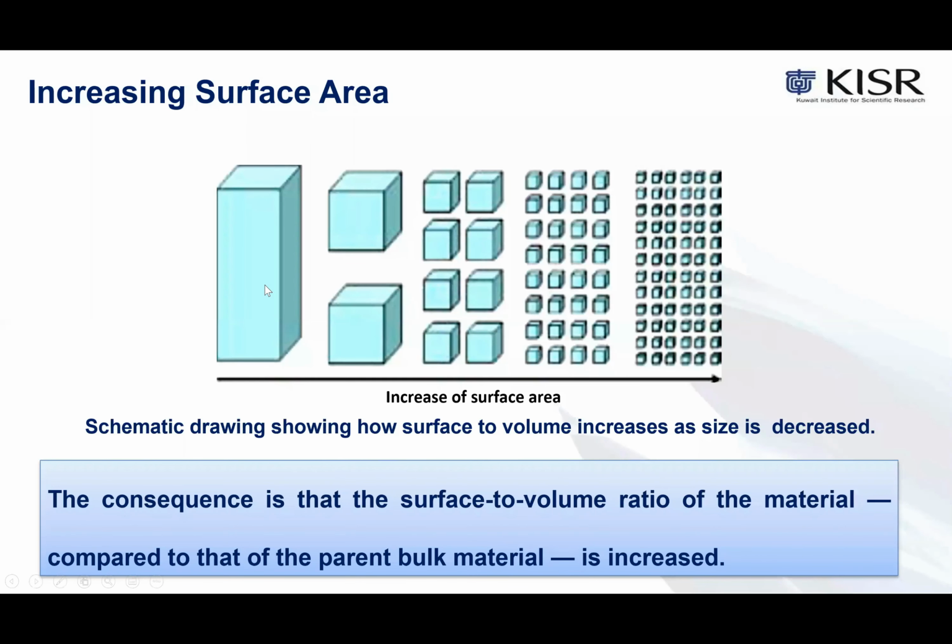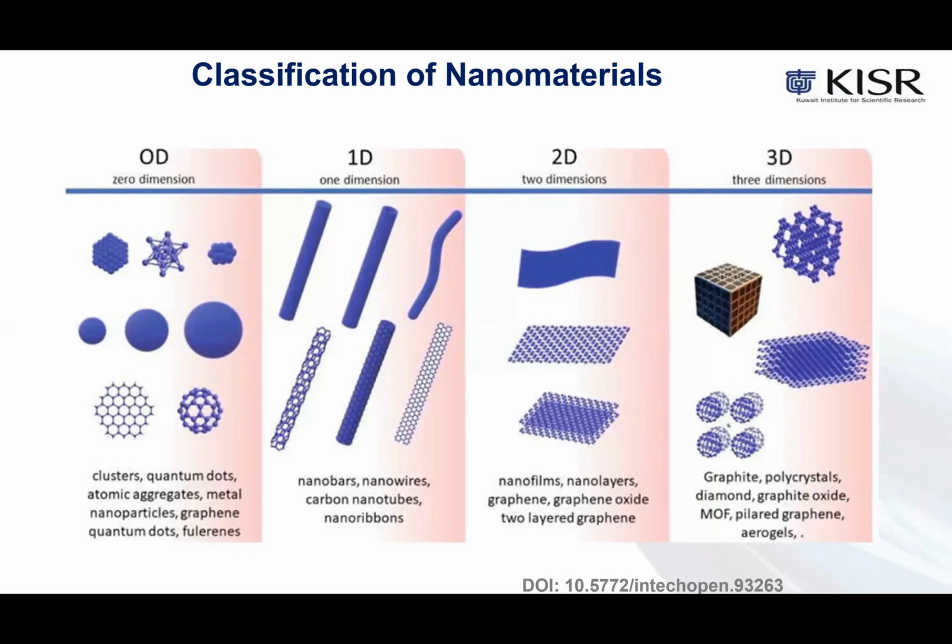And we can see that there are different classifications of nanomaterials. Depending on the dimension in which the size effect on the resultant properties becomes apparent, the nanomaterial can be classified as zero dimension, in which the movement of electrons is confined in all three dimensions, including clusters, quantum dots, nanoparticles, and graphene. One dimension, in which the electron can only move freely in the x direction.